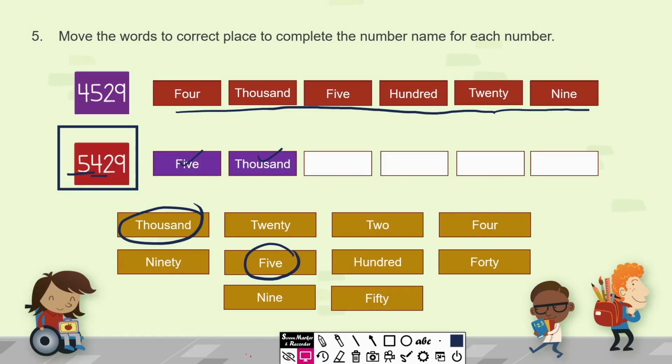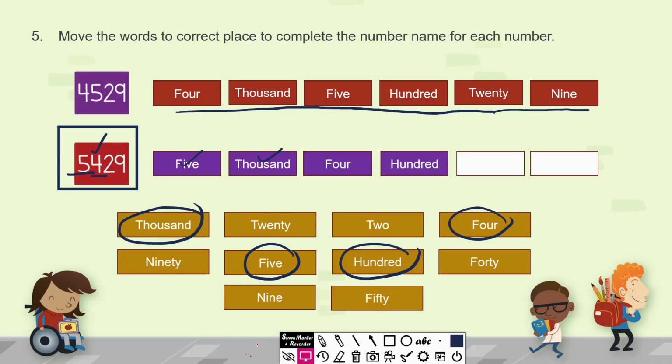5,000. Then we need to search for 4. Where is 4? Here it is. It is at hundreds place. So 5,400. Now what is after that? 29. Yes. So where is 20 and where is 9?